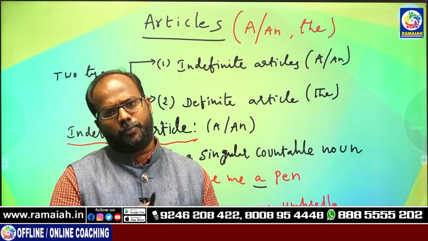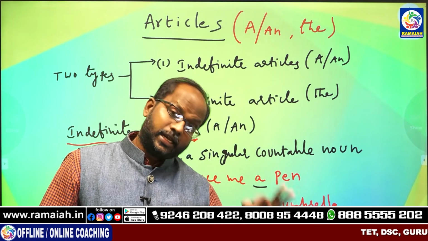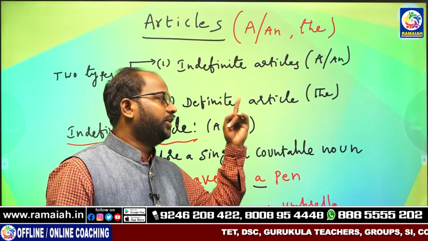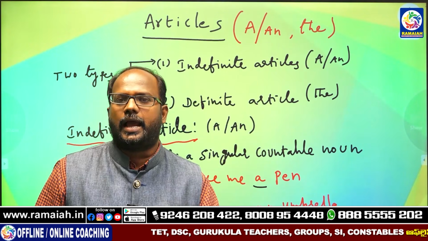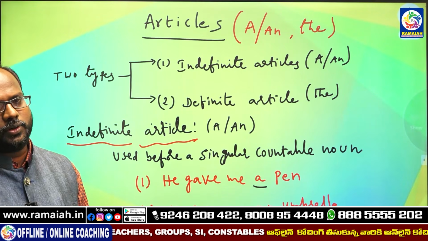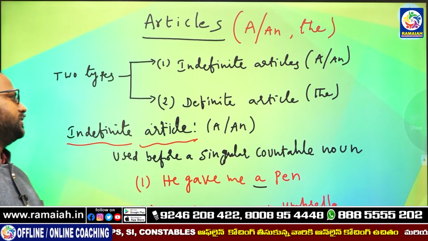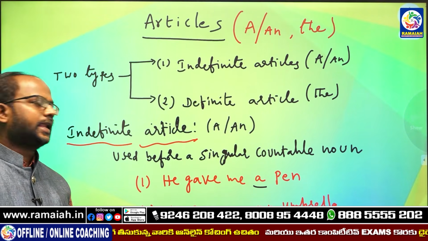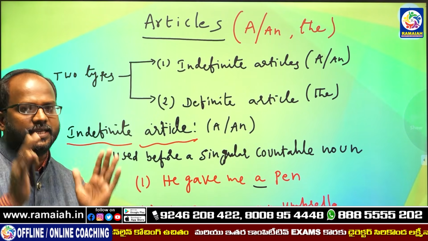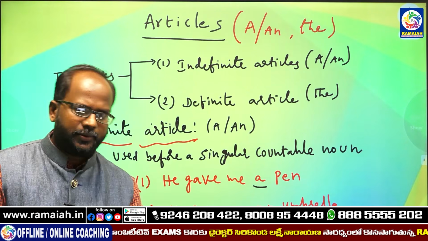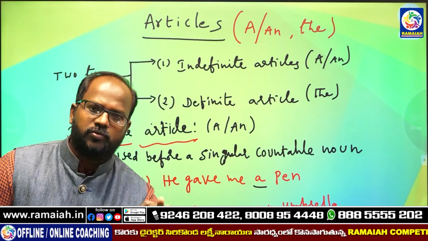If there is no particularity and if it is a singular countable noun, then we use a or an based on the sounds. Look at the board. Indefinite article, say for example, a or an can be used before a singular countable noun. The noun must be singular, the noun must be countable.